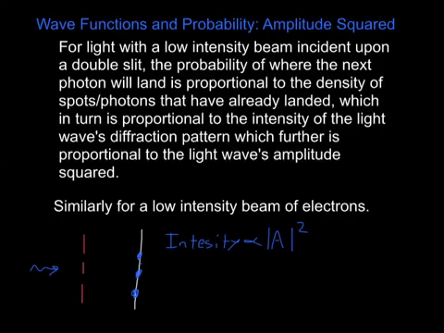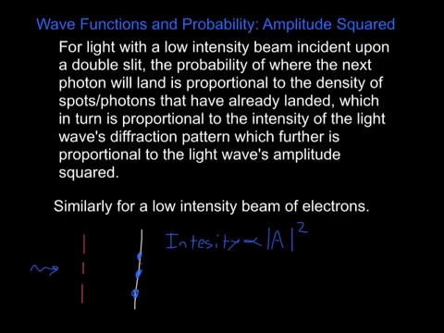And then all we really know about where the next photon is going to go, if you have a low intensity laser beam with one photon at a time going through here, is that we cannot say anything about exactly where that photon is going to land. Is it going to land here, here, here? We don't know. But we can say that there's some probability that it's going to land in certain places, and that probability is proportional to the density of the spots that are already there.